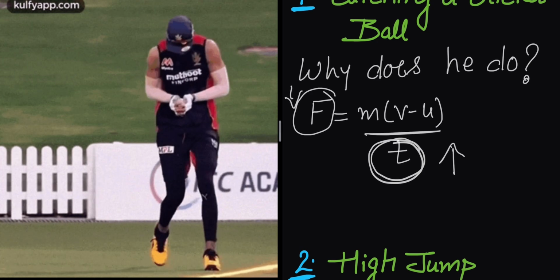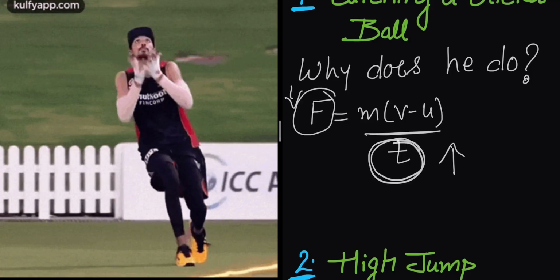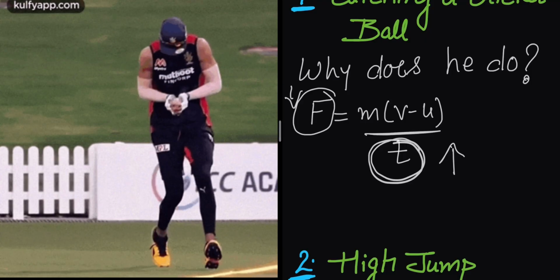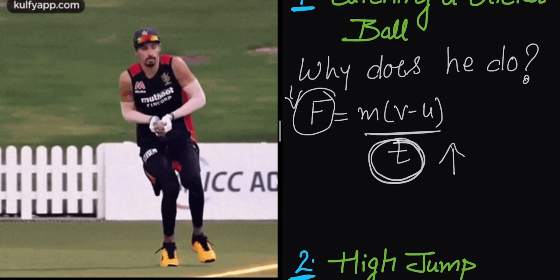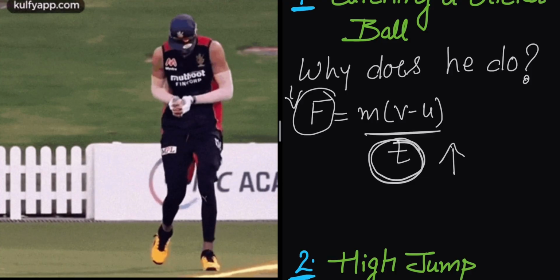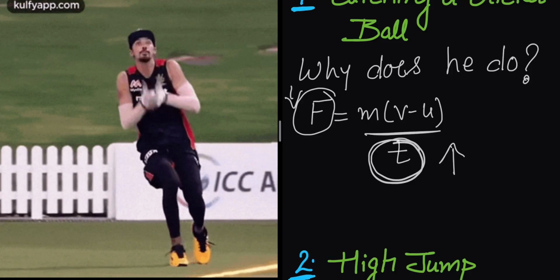It will decrease because they are in inverse proportion. By increasing the time period of catching the cricket ball, he is increasing the time in which the high velocity of the cricket ball reduces to zero.